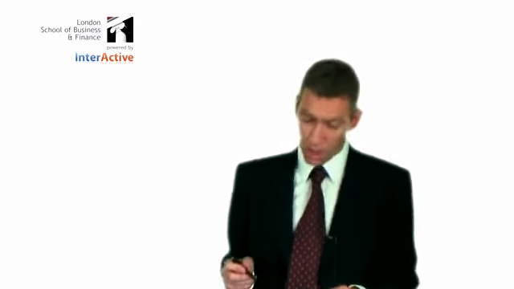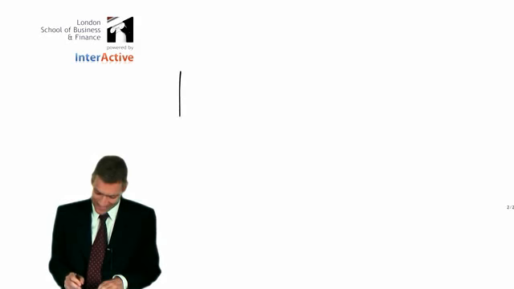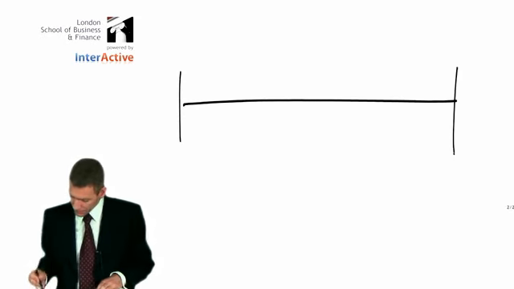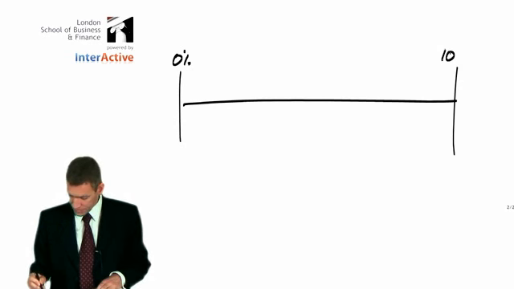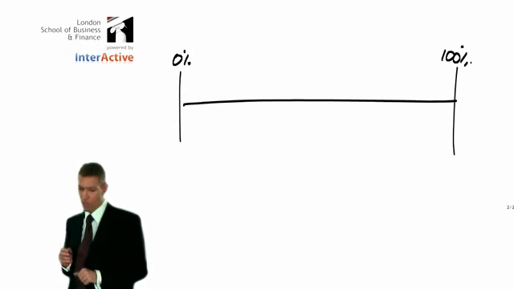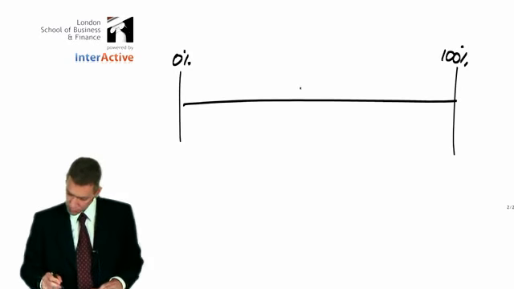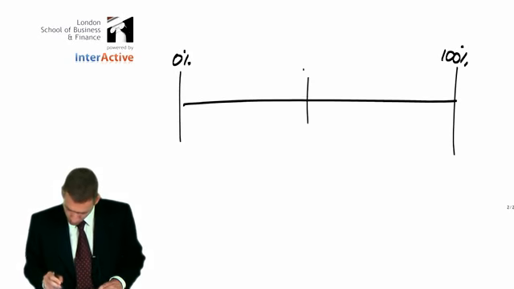Well, let me open up a fresh new page on my clever computer here and draw a scale from 0% up to 100%. Of course, what I'm representing here is ownership, and if I can be as accurate as possible, I'll try and get the midpoint 50% right there.